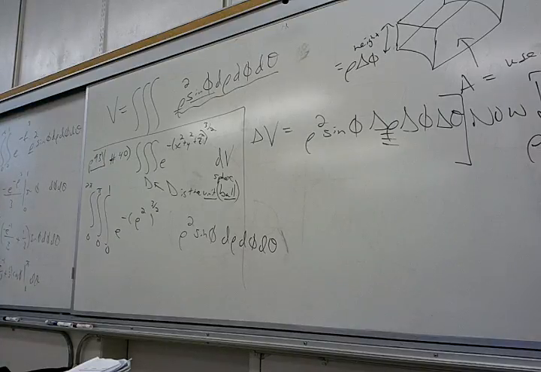You guys see that? Cosine of pi is negative 1, so negative negative is 1 of these. Minus and negative is plus, and the cosine of 0 is 1, so you get another 1 of these. So I get 2 of these at the end. And then that integral just picks up a theta. Multiply this whole thing by 2 pi, you get 4 pi times this weird thing here.